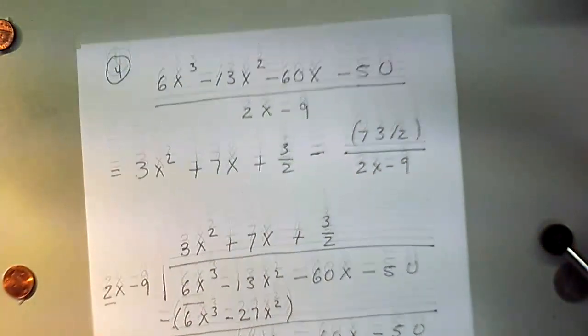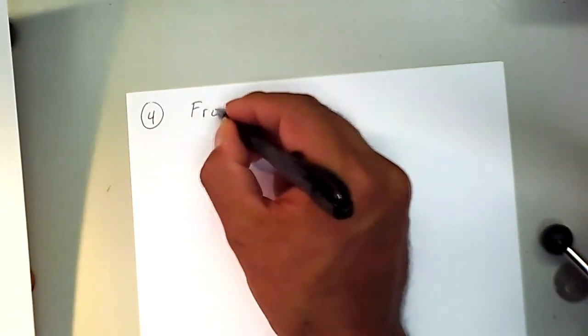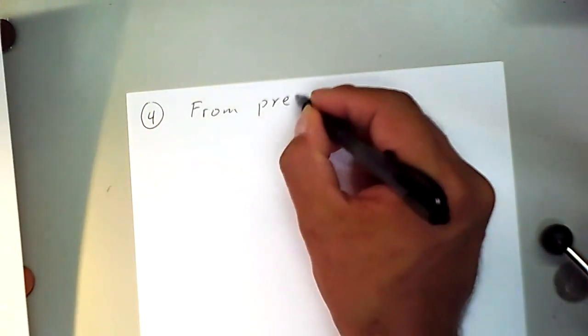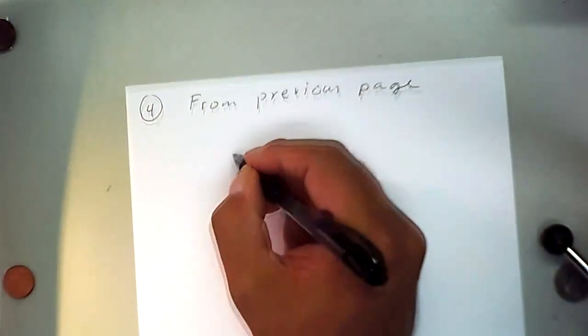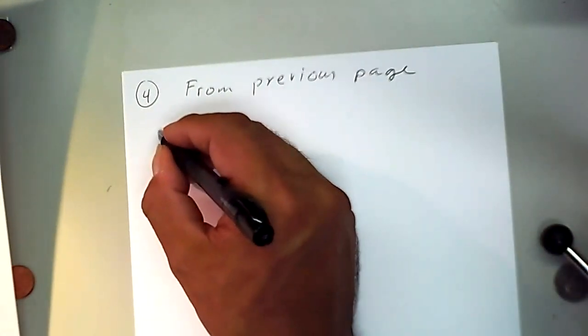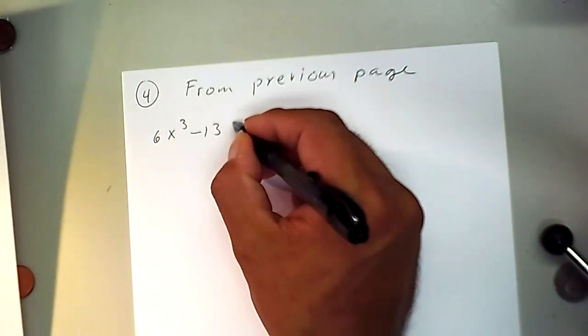So I'm going to write the final answer on the next page. So 4, this is from the previous page. And we have 6x cubed minus 13x squared.